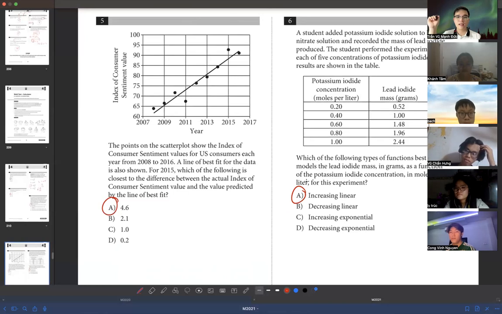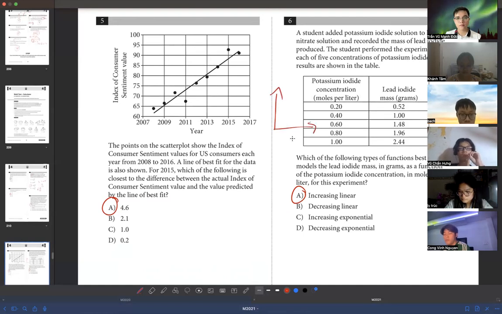Yes. This one is basically to find out whether it is increasing or decreasing, whether it's exponential or linear. You have to take into account the x-axis and the y-axis. Remember, this is an exponential function, and this would be a linear function. You can see that this one rises by a constant 0.2 every time.